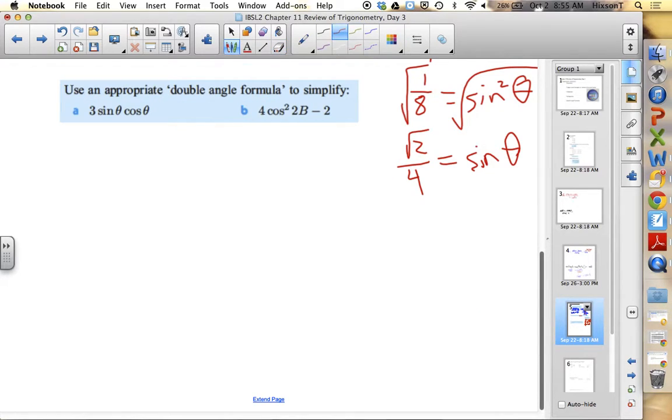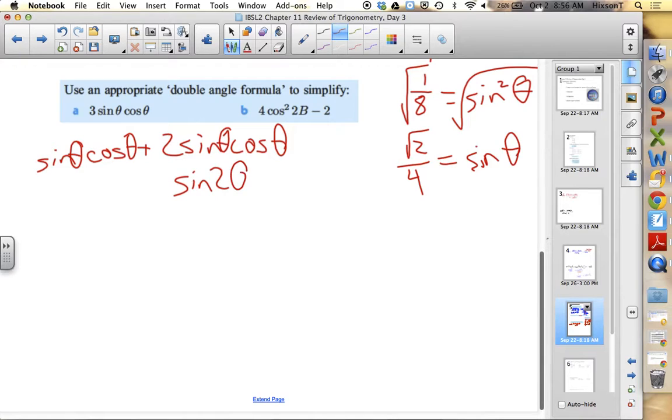She's saying split it up into sine cosine plus 2 sine cosine. And then this would be sine 2 theta. This would be still the sine theta plus cosine theta. Is that simpler? I don't know.